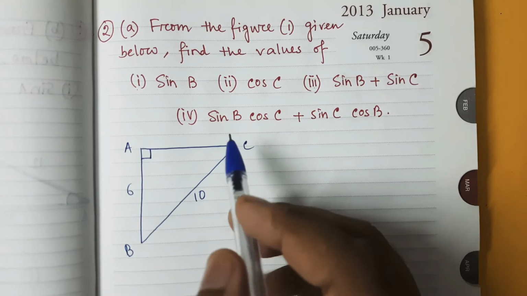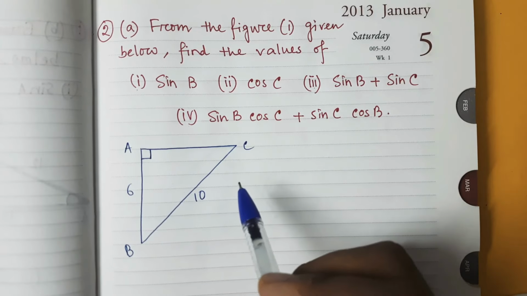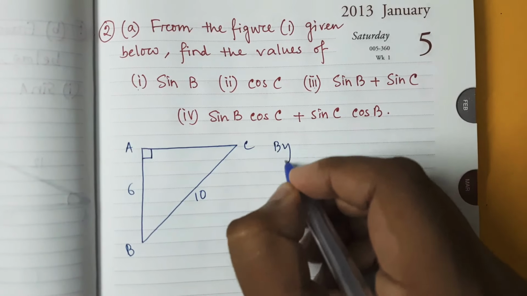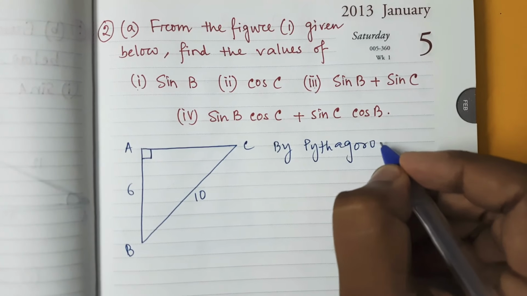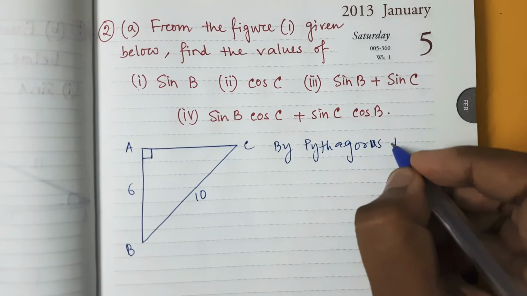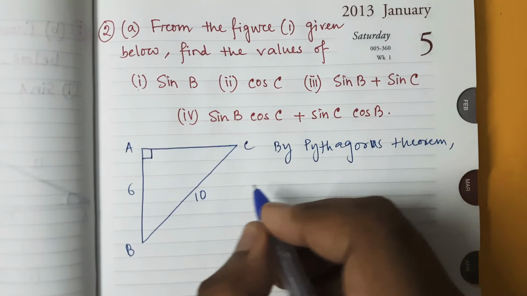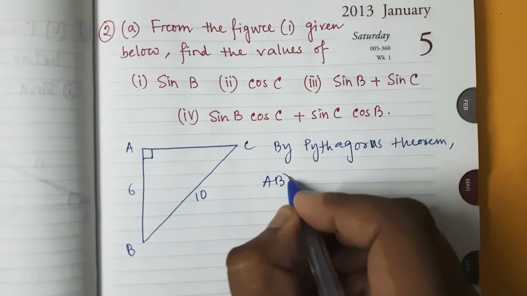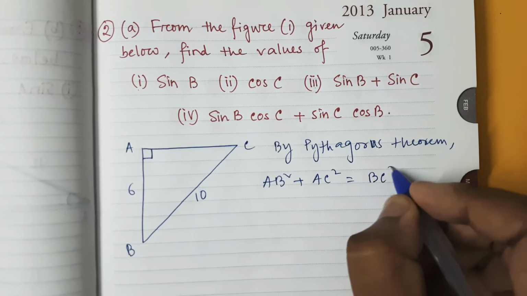Now we don't know this length AC, so we need to use Pythagoras theorem. By Pythagoras theorem, we get that AB square plus AC square equal to BC square.